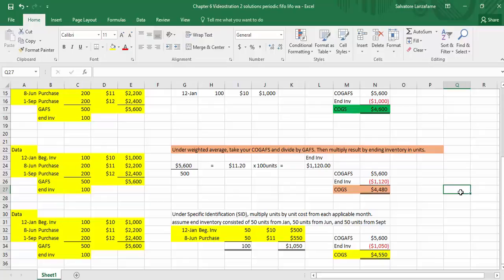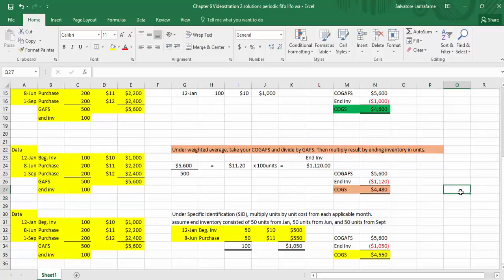Under conditions of rising prices, LIFO will always give you the number one answer in terms of the highest amount of cost of goods sold. The highest cost of goods sold will give you the lowest ending inventory value. So on the company's balance sheet, the company would show whatever the value for ending inventory is for their merchandise inventory. And then on their income statement, they would have a write-off of whatever the cost of goods sold amount happens to be. The more cost of goods sold, the lower your gross profit.